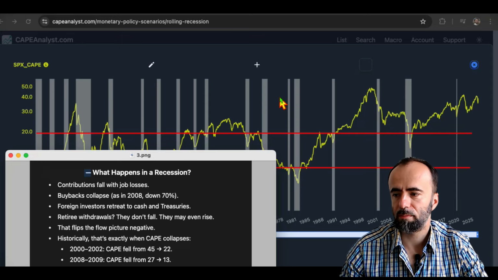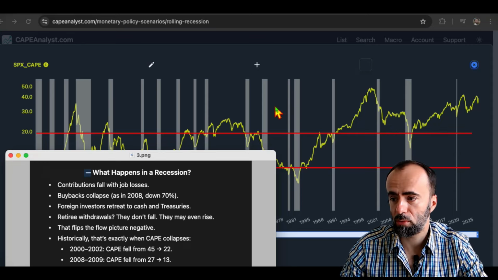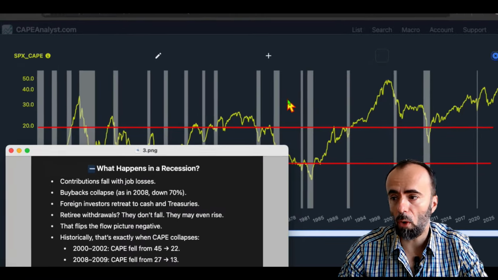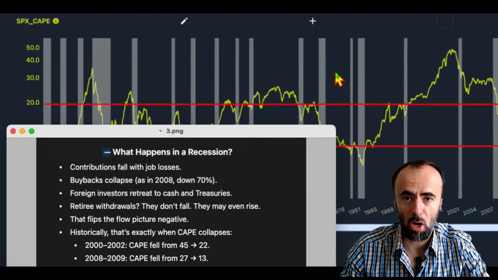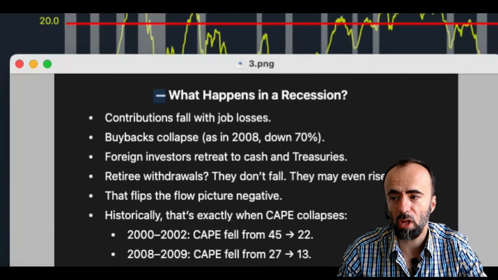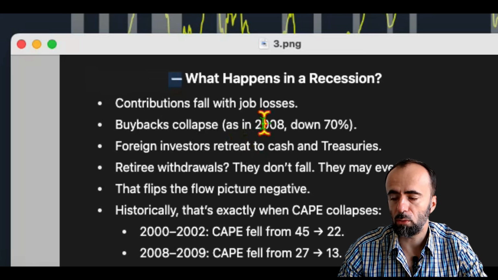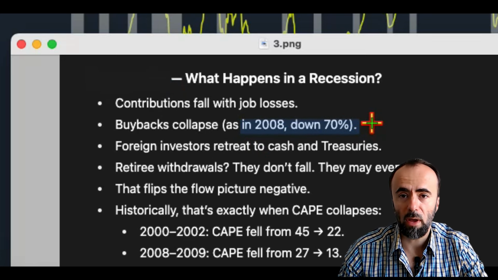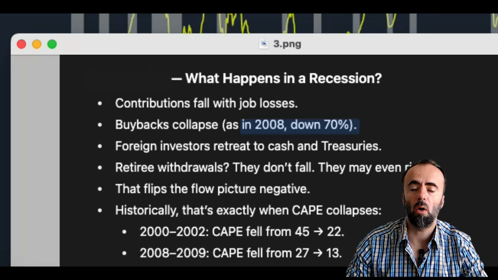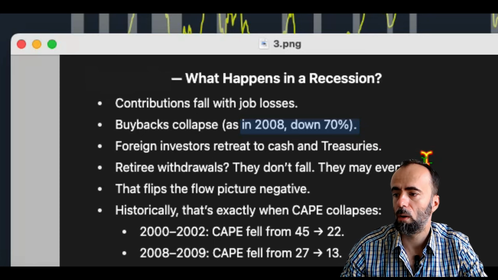So what happens if we get a recession? Well, contributions from jobs fall because of job losses. So contributions from 401ks go down. Buybacks collapse, because in 2008 the buybacks fell by 70%. All of a sudden, companies did not want to buy their own stocks anymore.